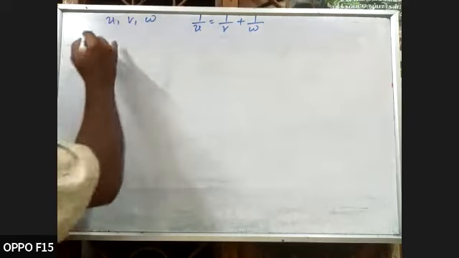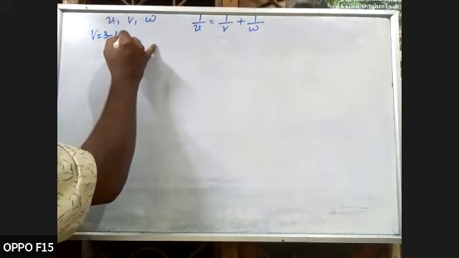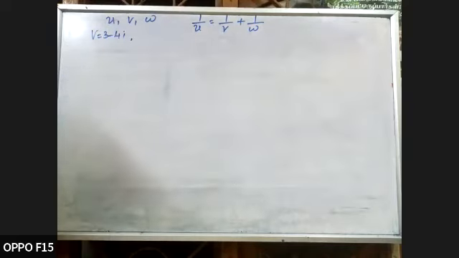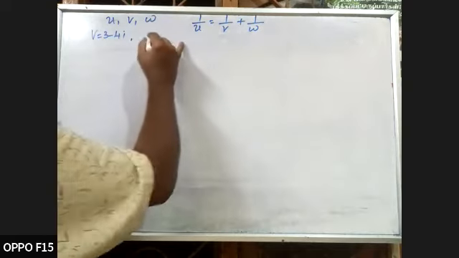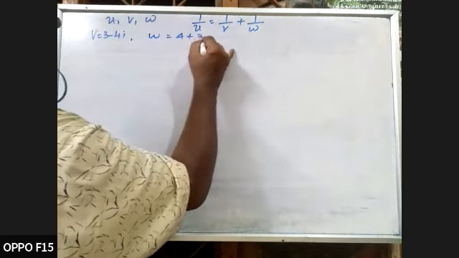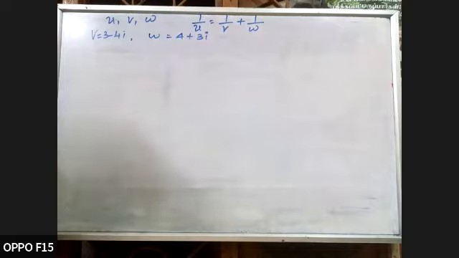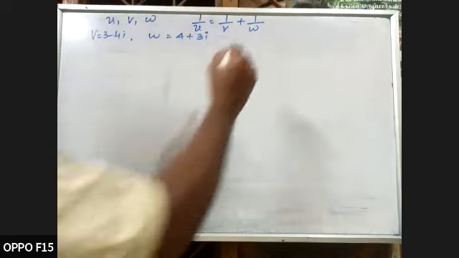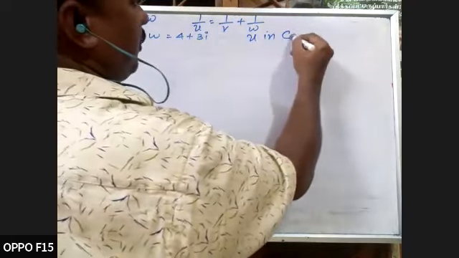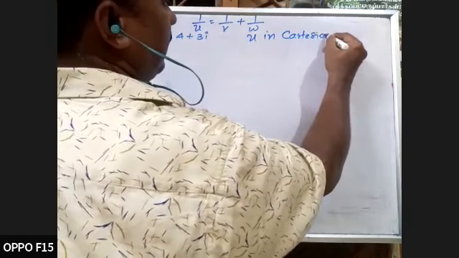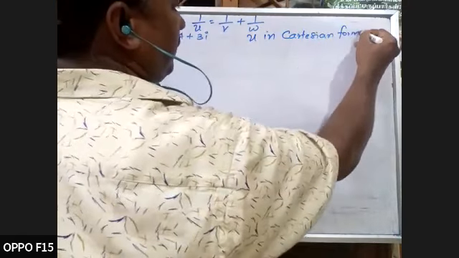If v is equal to 3 minus 4i and w is equal to 4 plus 3i, find u in Cartesian form.